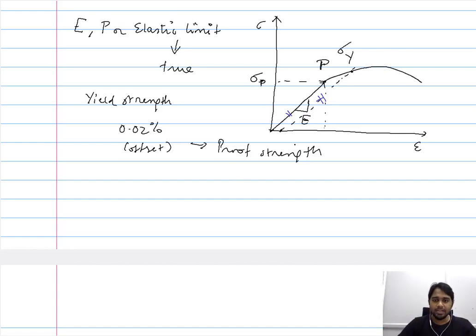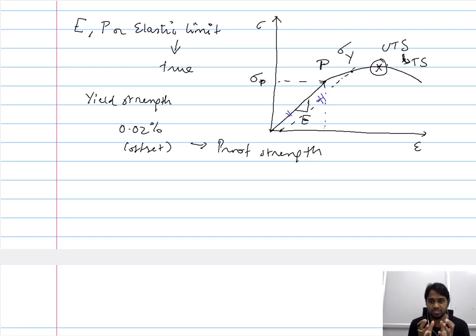Now, in addition to these different values, we also have one particular point here, which is referred to as the ultimate tensile strength, or the tensile strength alone. So this is the point wherein the system is able to accommodate a sufficient amount of stress before it exhibits any change geometrically.